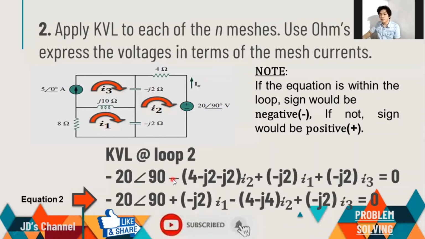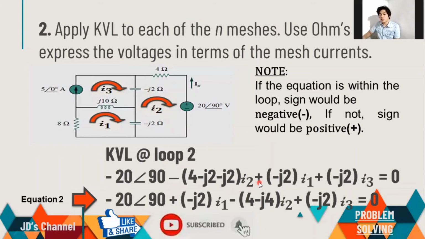Okay? So this, our 4 minus j2, and minus also j2, so it can be negative j2 minus j2, and the 4. I just arranged it. It is minus, since it is within the loop, and it is I2.